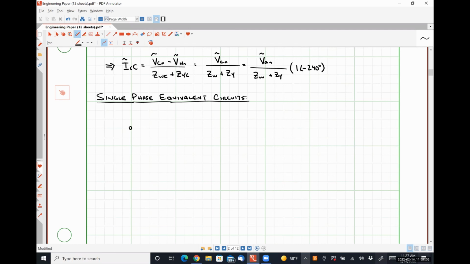So our A-phase model would look something like this. Our B-phase model, it should be VAN.